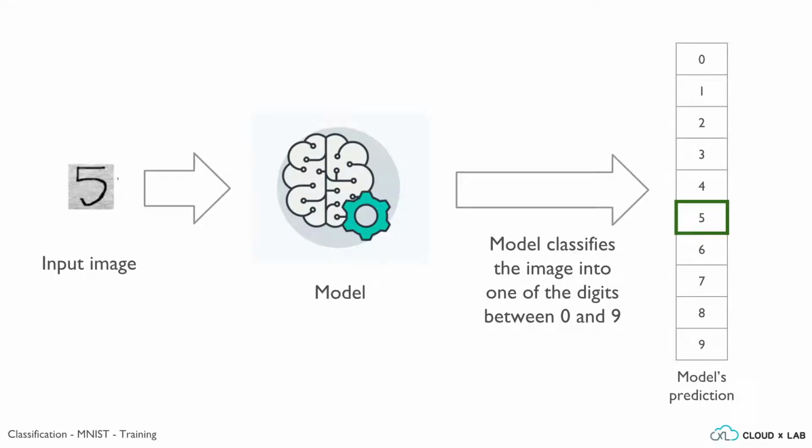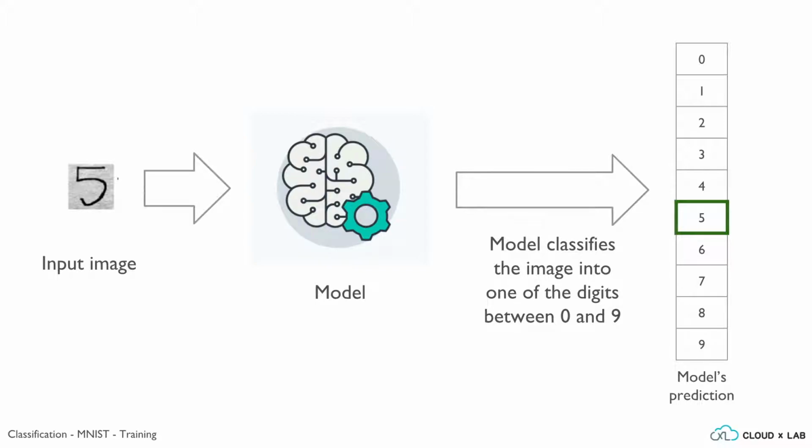Let's build a classifier or model using the MNIST dataset, which classifies an image into one of the digits between 0 and 9. For example, here the model classifies the image as class 5. This type of classification is known as multi-class classification, where the model classifies the object into one of the multiple classes.